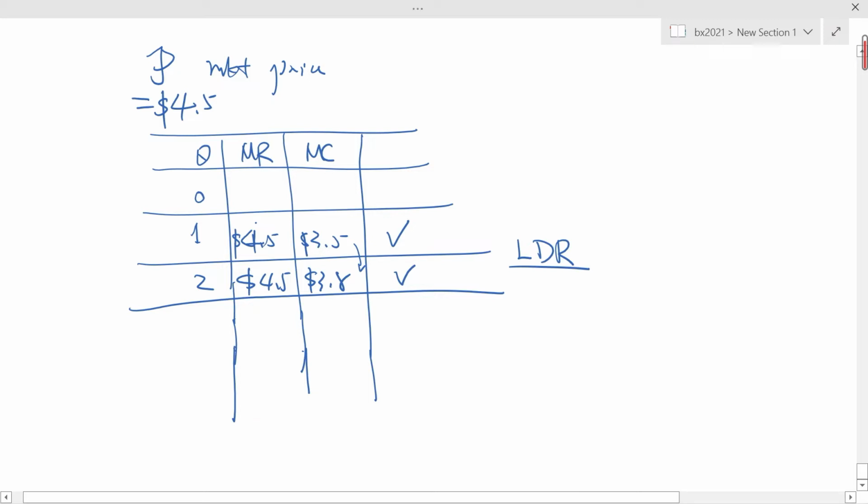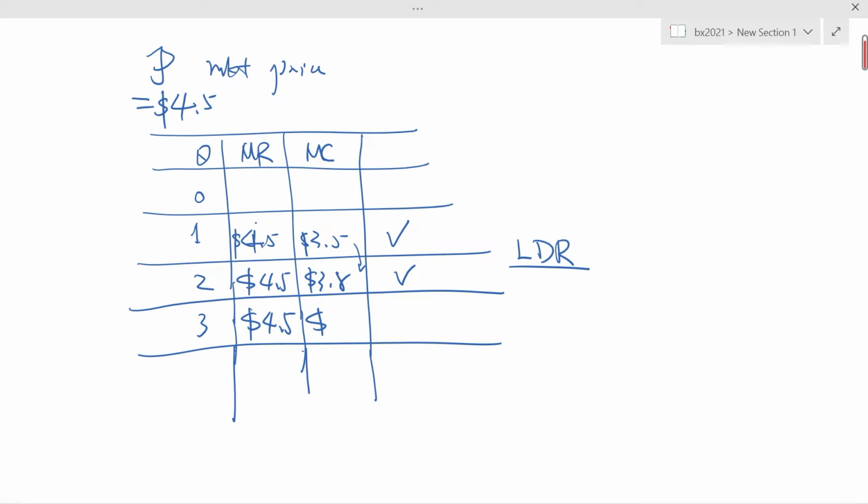So I've decided now to produce two coffees. What about the third one? I have similar reasoning. If I produce the third one, extra revenue is $4.50. Extra cost now is going to be higher than the previous one because of the law of diminishing returns, let's say $4.20.